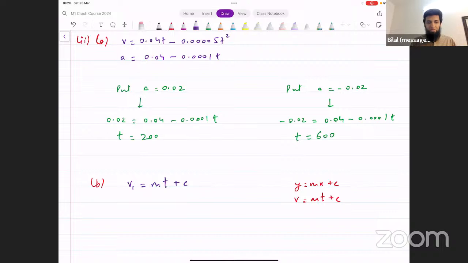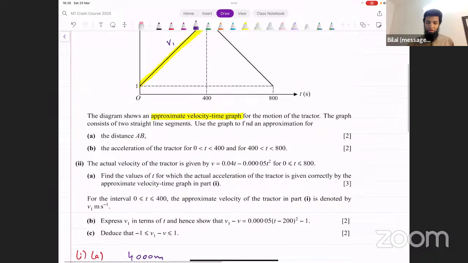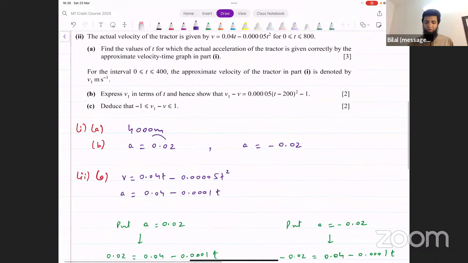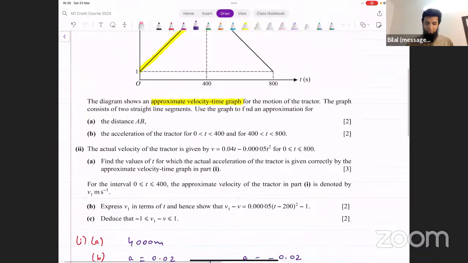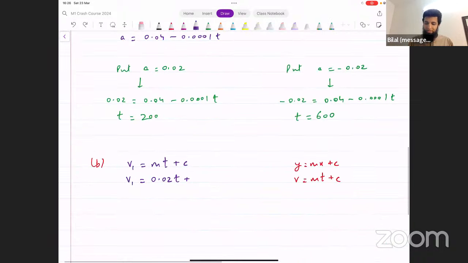That's what the equation is going to look like. Now, do we know the gradient of this graph already? We already found that in the first part. That's 0.02. So that means it's v1 equals 0.02 times t plus c. What's the y-intercept? It's 1. This is the equation of the first graph. v1 equals 0.02t plus 1.